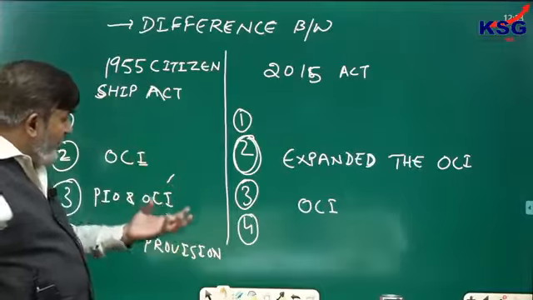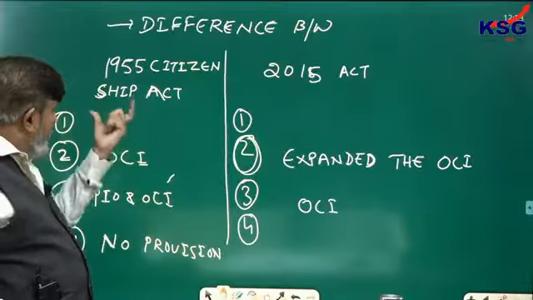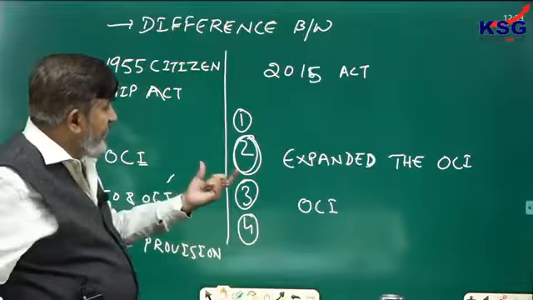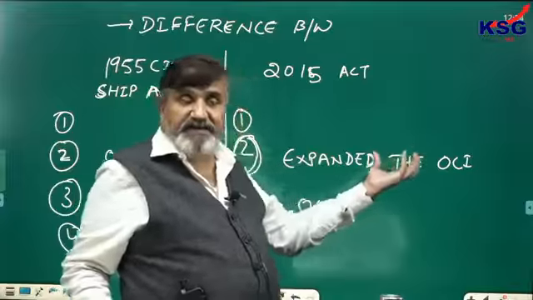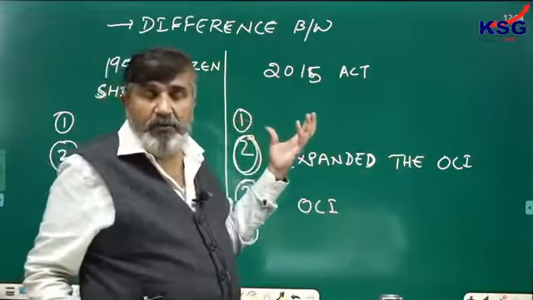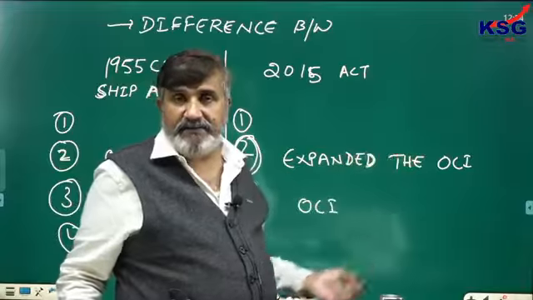Since that clause was not here, there was no provision in this regard under the 1955 Citizenship Act. But since this clause was inserted, under what circumstances can the OCI card be cancelled?